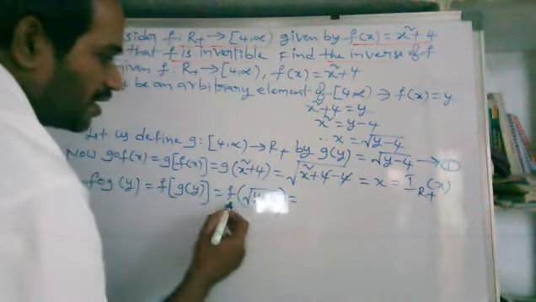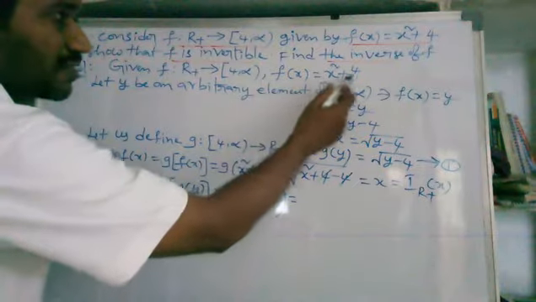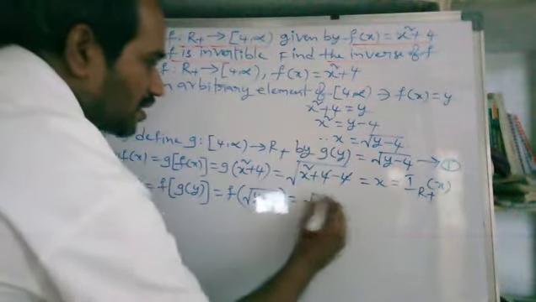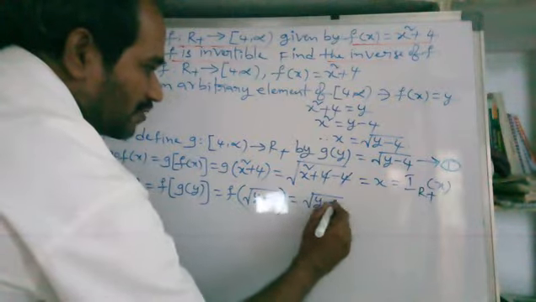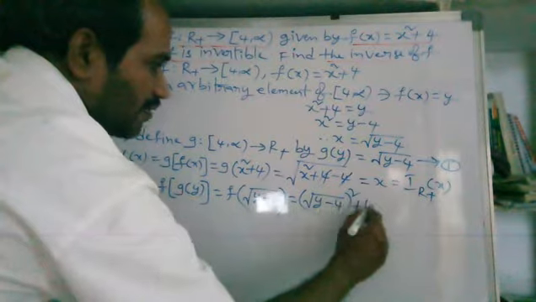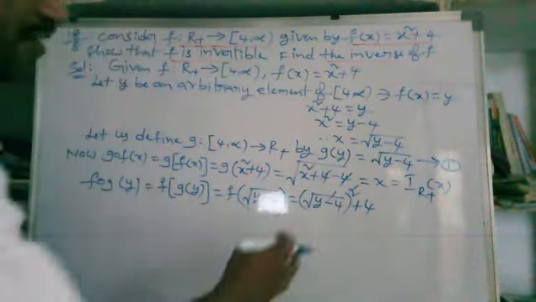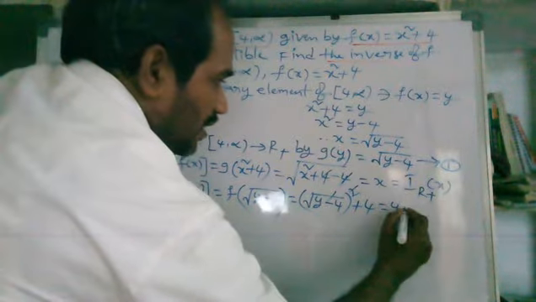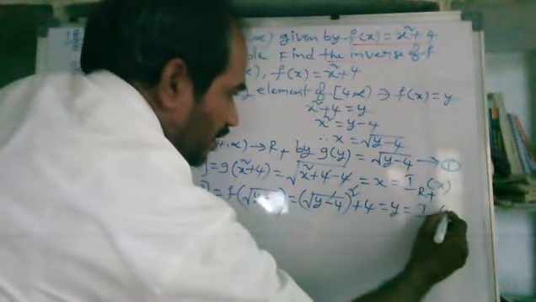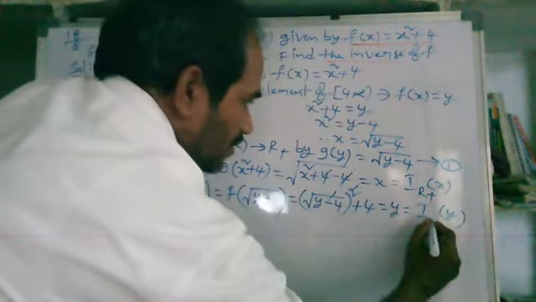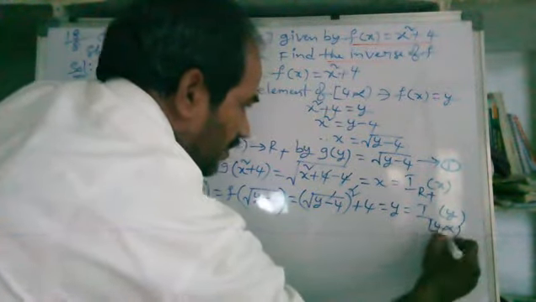So that is f of the square root of y minus 4, that is, square root of y minus 4 whole square plus 4. The square root gets cancelled, and y minus 4 plus 4 gets cancelled, leaving y. So y is equal to I of y, with the suffix codomain, the closed interval [4, infinity).